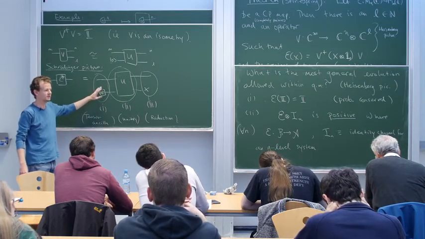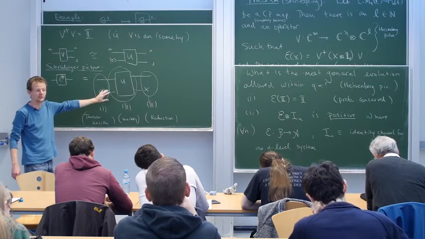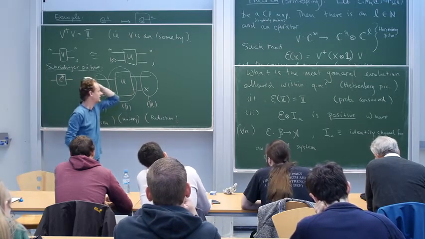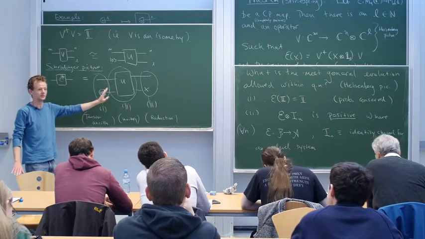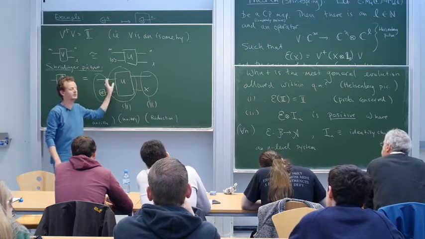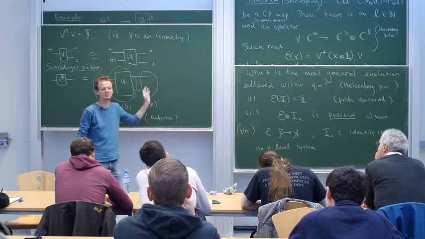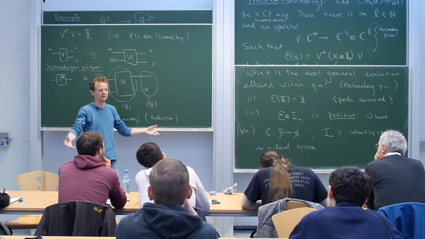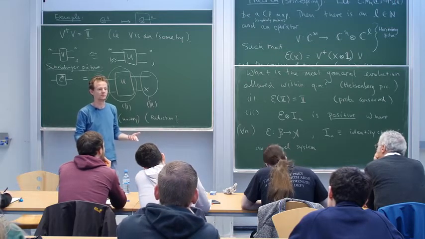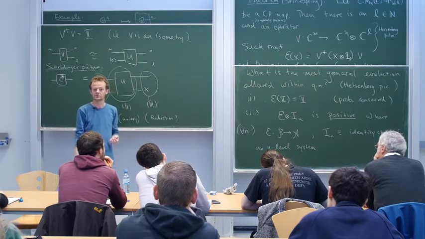And this is what allows us to describe all allowed operations in quantum mechanics by simply forgetting these conditions for the most part. We often just talk about the allowed operations in quantum mechanics as being combinations of unitary evolutions and reductions to subsystems, meaning what I said at the beginning of the lecture is that your system is prepared in some state that's uncoupled with the environment, it interacts with the environment, and then you throw away some part of the system.